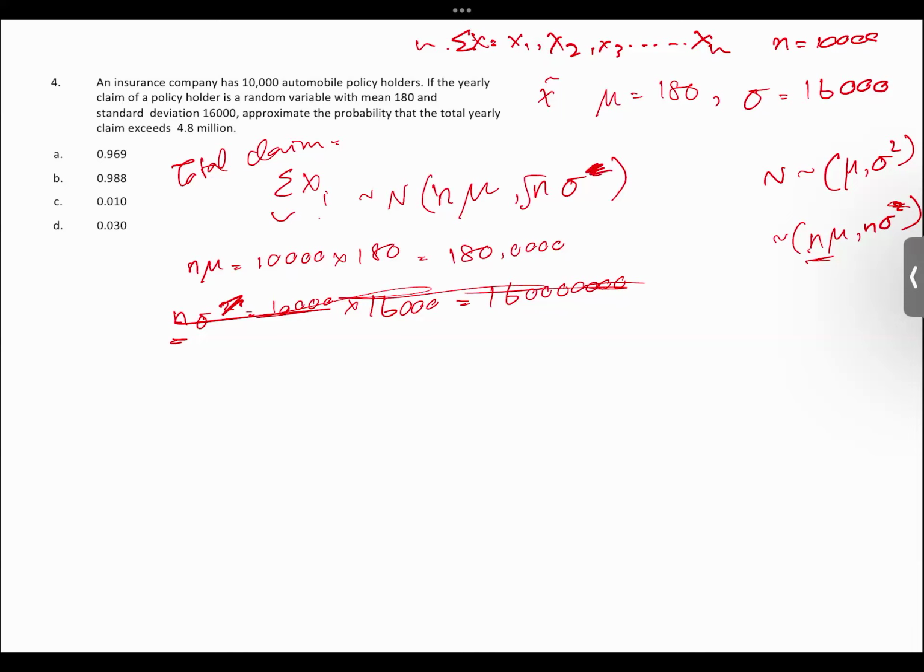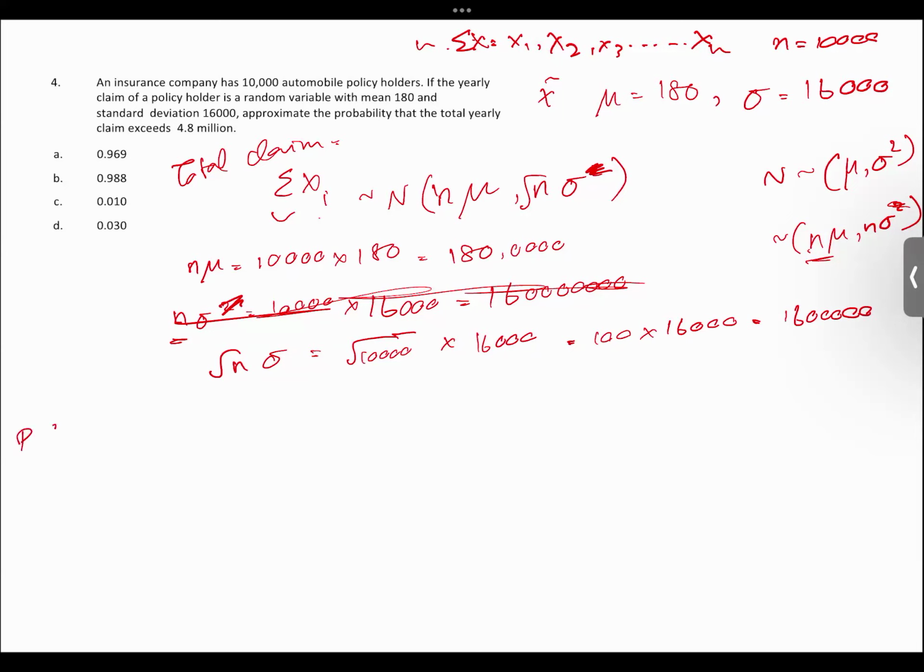So this would be the square root of 10,000 into your standard deviation of 16,000. So you'll just have 100 into 16,000, which is 160,000, 5 zeros.